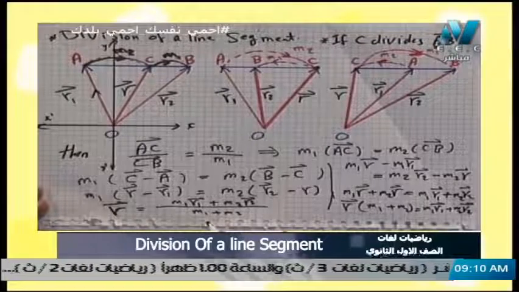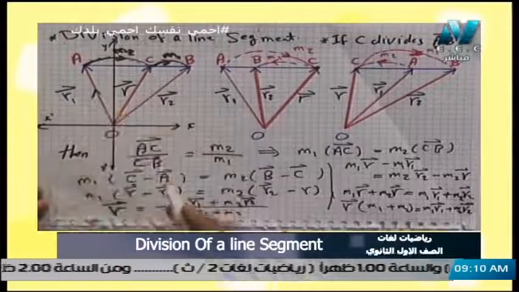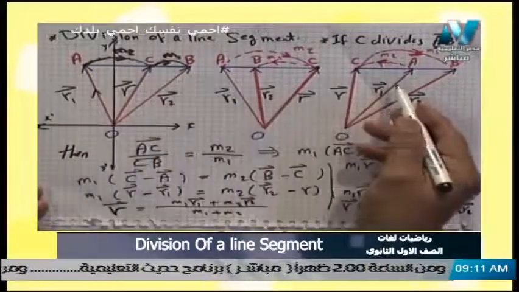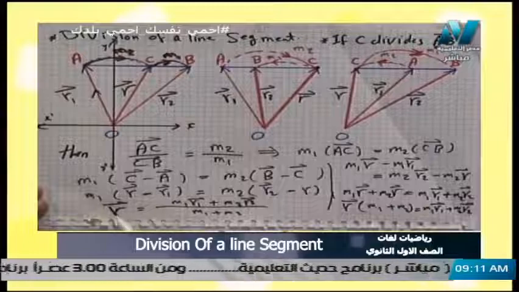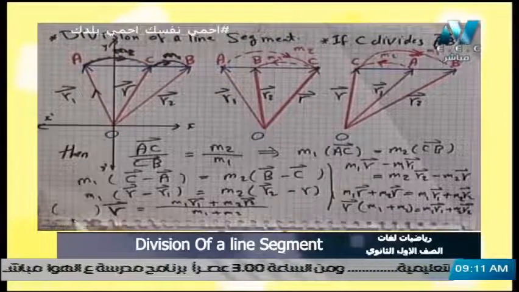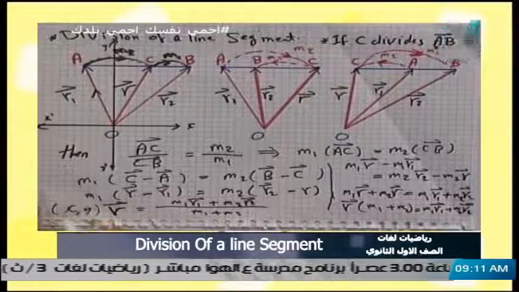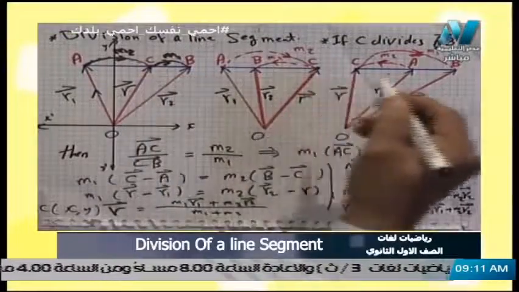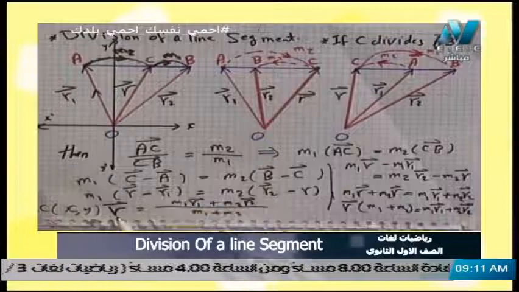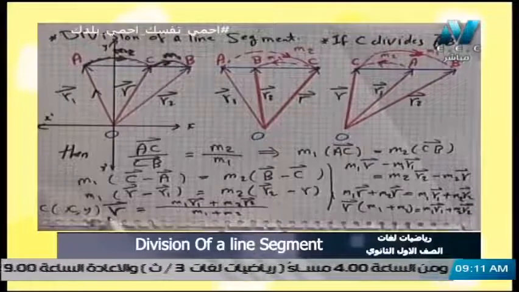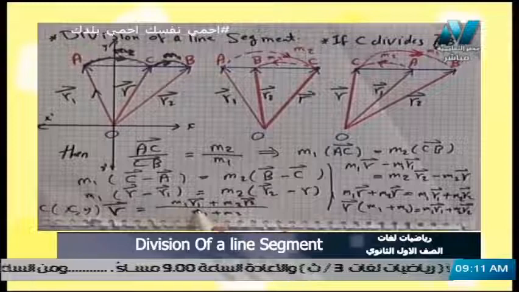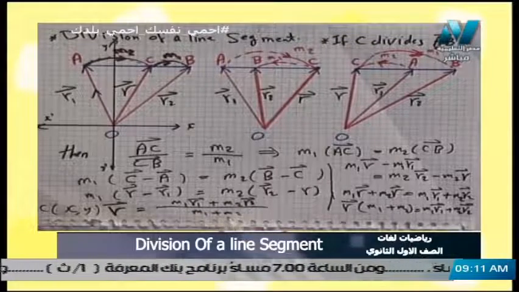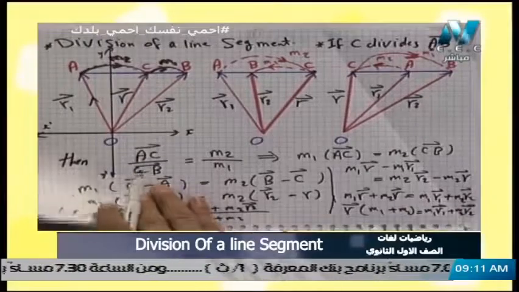So if C divides a line segment AB internally or externally, we can find R. R here is C, which is X and Y. To find the coordinates of C, we apply this form, which is R equals M1 R1 plus M2 R2 over M1 plus M2.